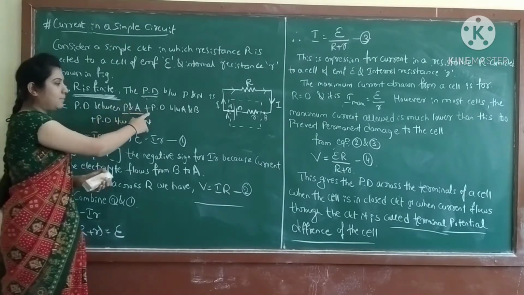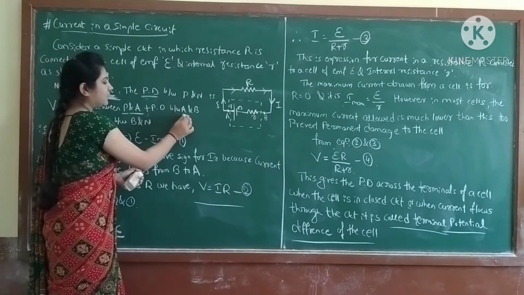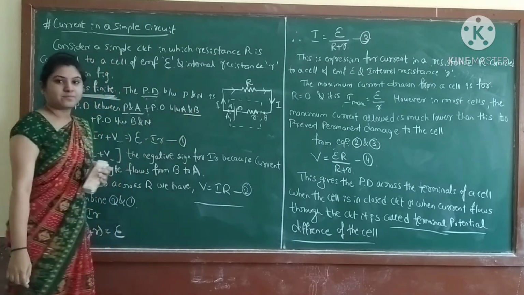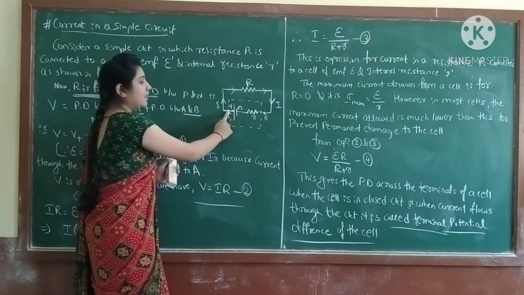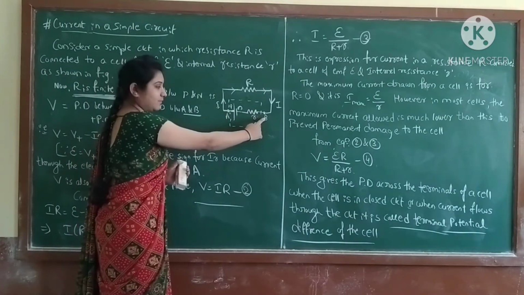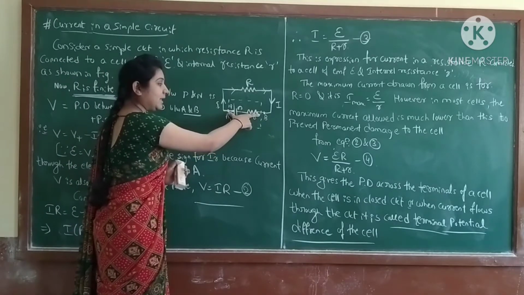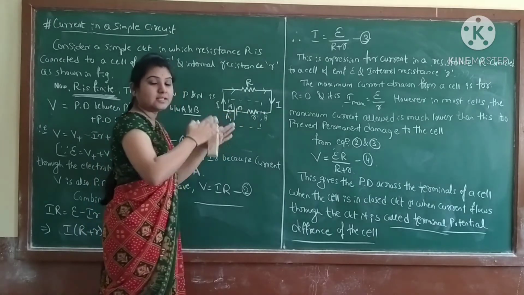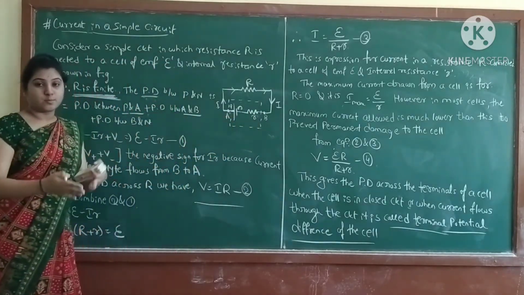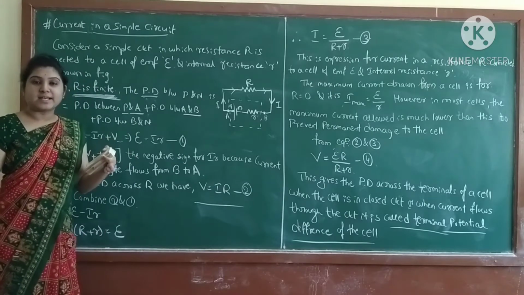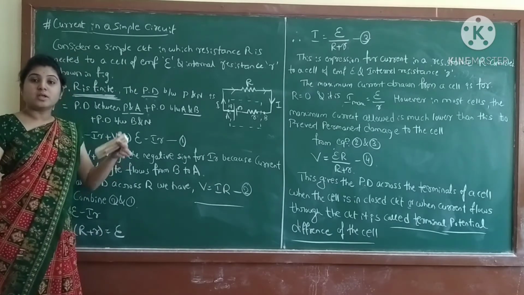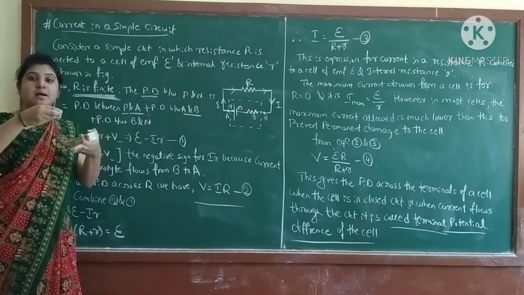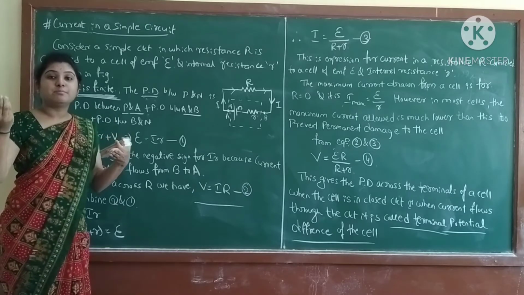First point, plus the potential difference between A and B. See, A here and B here. So we are taking the PD between these two points. The A is connected to the positive electrode and B is connected to the negative electrode, but in between that, some amount of that PD is present.